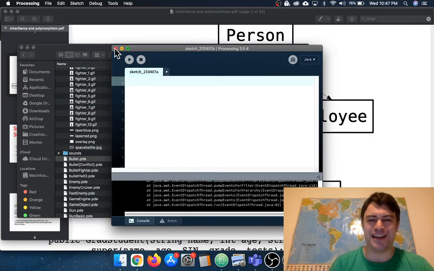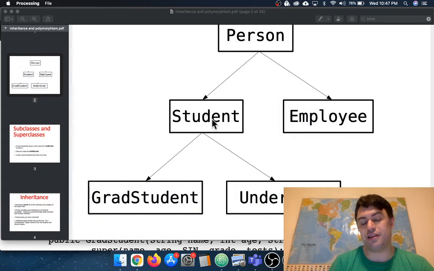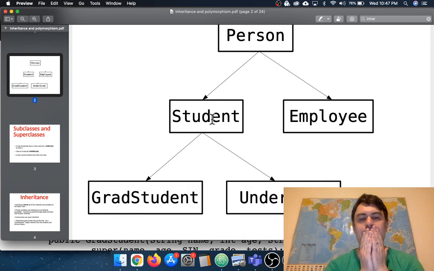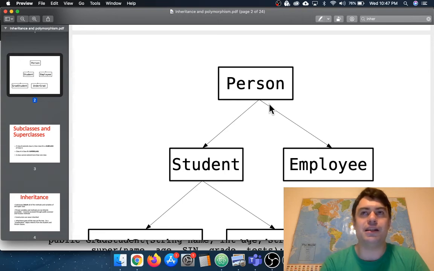We did talk about it in class, so hopefully that is pretty clear. Maybe I'll just say what I would have said without the project. An example of what we've done in the past is we made something like a game object class that was at the top of this hierarchy. And then we made other classes like bullets and spaceships and enemies that all extended the game object class.